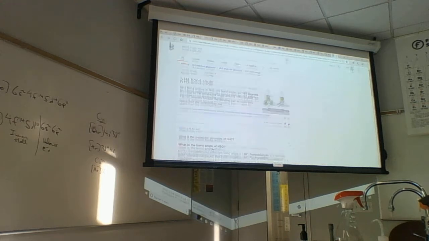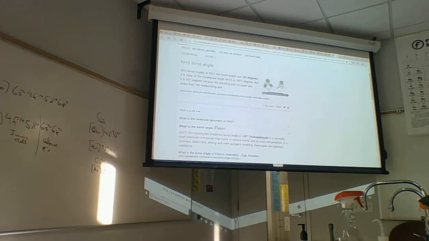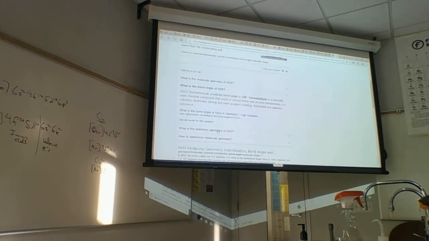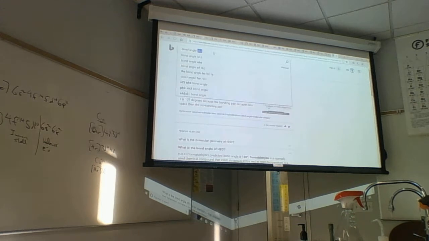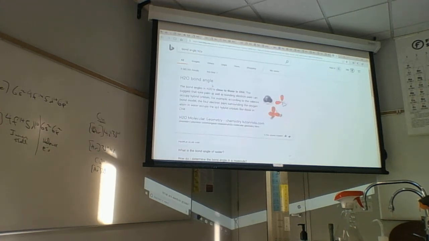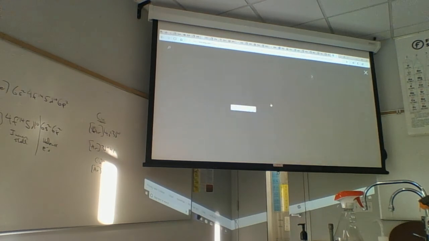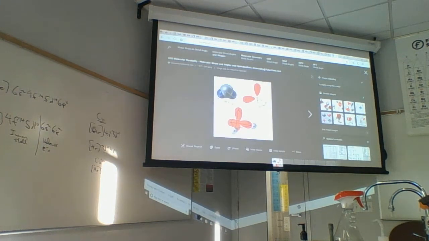What do they say the bond angle for water is? See what they put for water? 105 or 104.5.